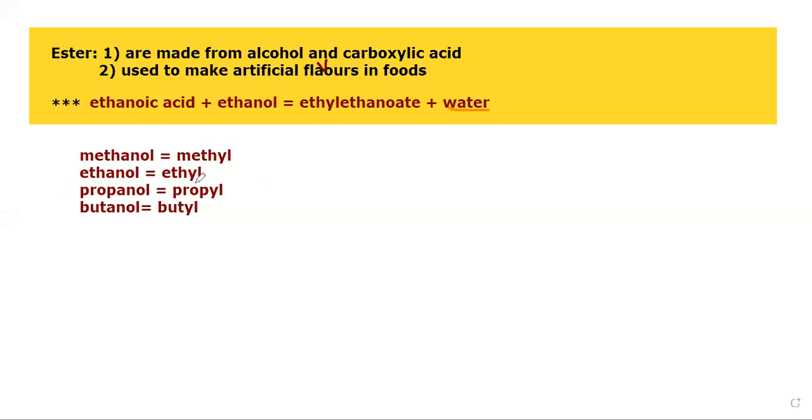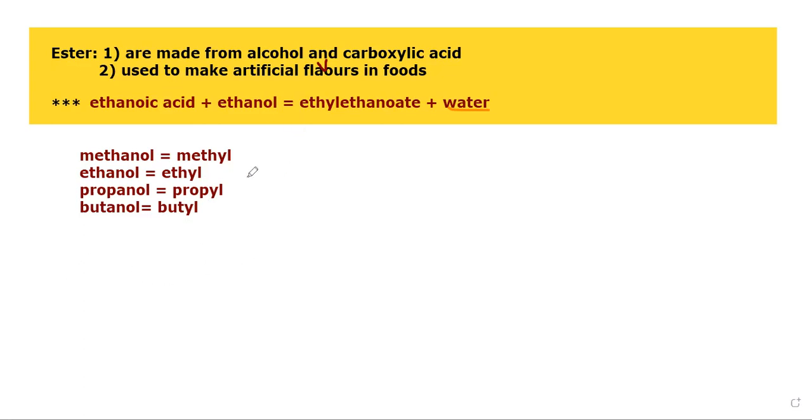So for the naming, if we take the alcohol group, if we take methanol, then we are going to name it as methyl. If we take ethanol, then we name it as ethyl. If we take propanol, then we are going to name it as propyl. And in case of carboxylic acid, if we take ethanoic acid, then we are going to say it as ethanoate.